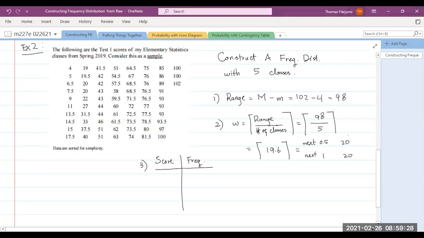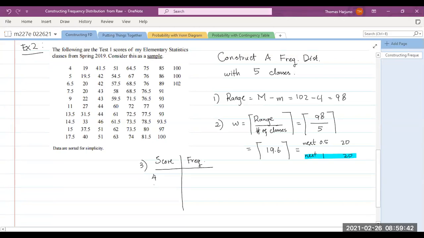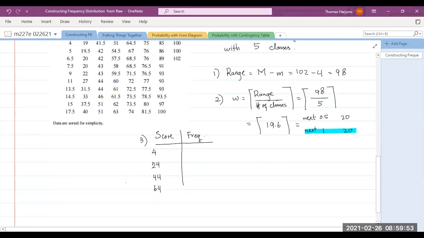But my point is this. If you round it to the next integer, then when you do your class width here, you add 20, you add 20, you add 20, 5 classes. And because you round it to the next integer, you subtract that 24 by 1, becomes 23. You see what I mean? 44, and then you keep on adding 20.